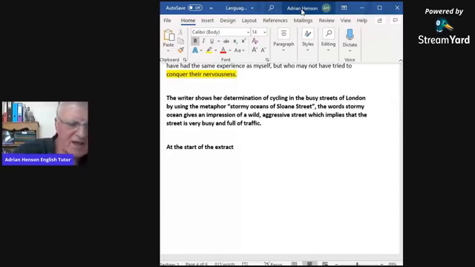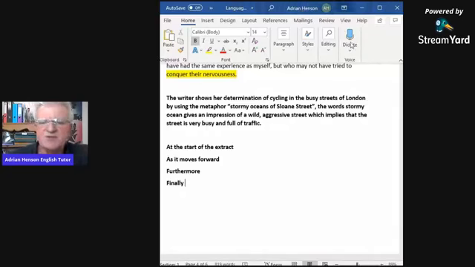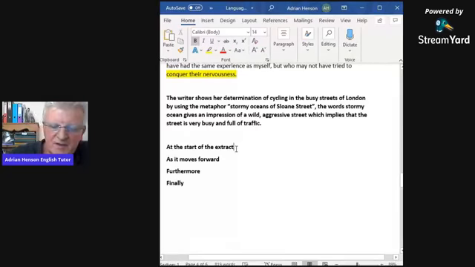"As it moves forward," then you could put in a "furthermore," and then you could put a "finally." And if you put these in to precede each paragraph, it looks a lot better, and it really orders your thoughts and what you are actually trying to say.